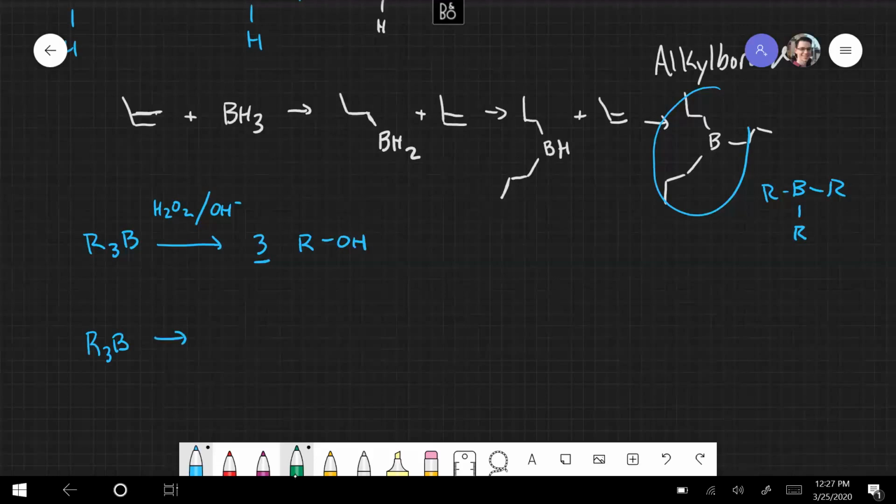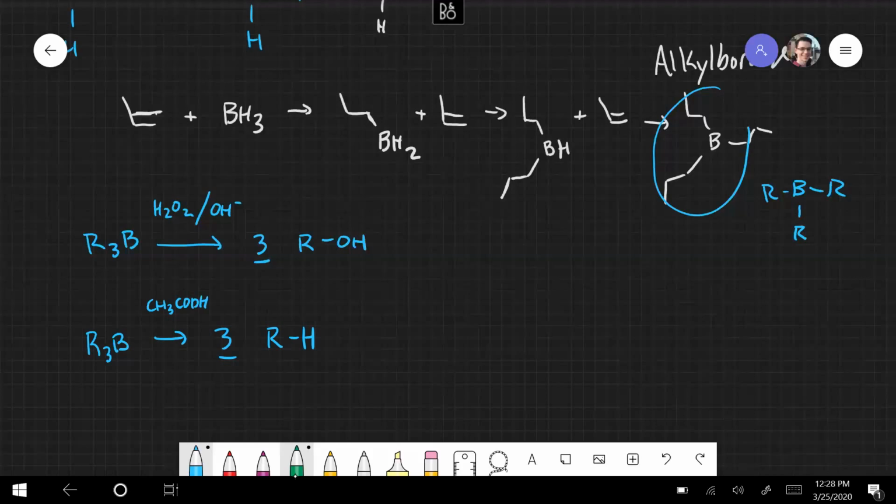Rather than using a base, we use a weak acid. In this case, that weak acid is going to be acetic acid. This simply reduces it to an alkane. So in place of the propyl groups we would get propane molecules.